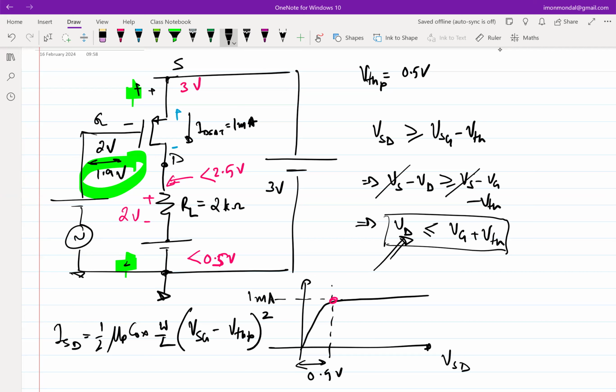What can you comment on the drain voltage? So it will increase, right? Drain voltage will increase and go above 2.5 by another 20% because the current has increased by 20%. If that happens, can you comment on whether the transistor is in saturation anymore?